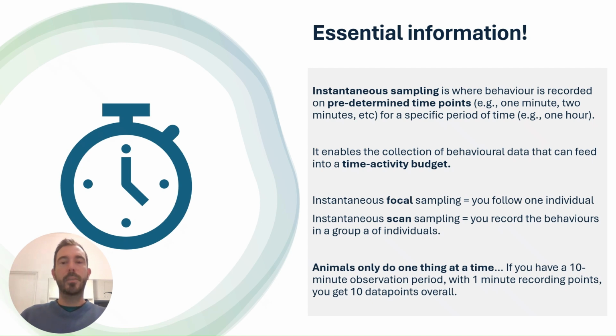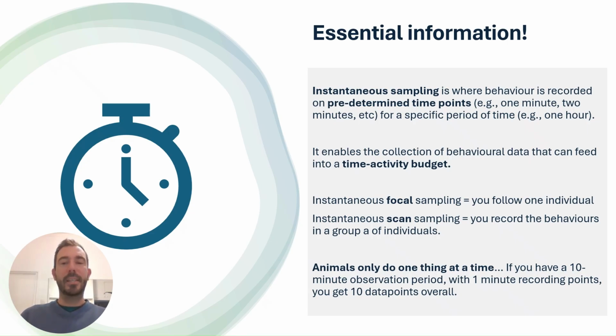Instantaneous sampling is where behaviours are recorded on predetermined time points. For example, you might have an hour observation period and you are recording behavioural data at 1 minute intervals or 2 minute intervals within that hour period.